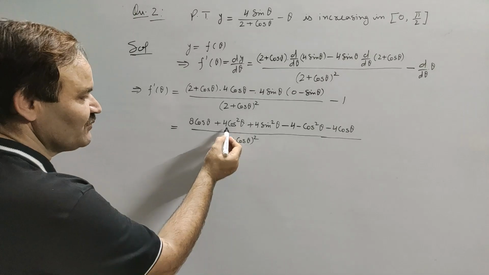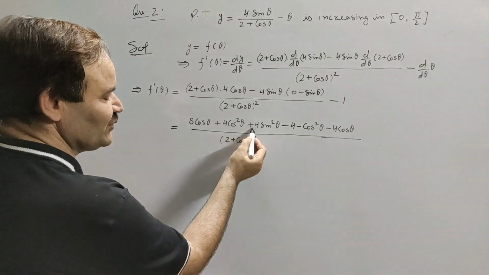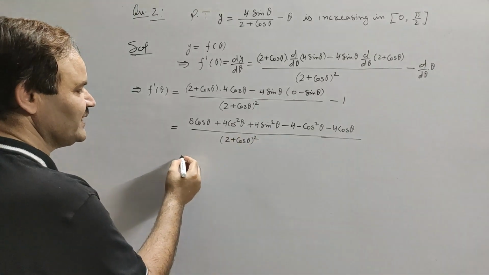This will give 4 cos square theta plus 4 sin square theta. 4 will be common, cos square theta plus sin square theta will be 1.